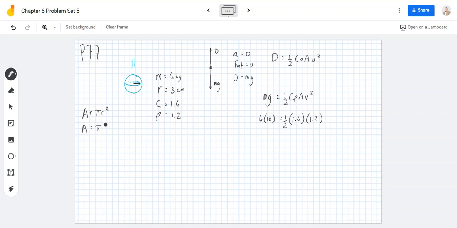But we are in meters, so 0.03 squared. So this is a small number. And then v squared. So let's just plug and chug in and see if we can do that.